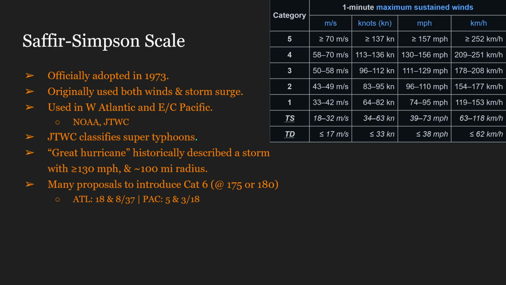Note that there have also been many proposals to introduce a Category 6 addition onto the Saffir-Simpson, which, in my opinion, shouldn't be done, and according to the original head of the NHC, shouldn't be done either.